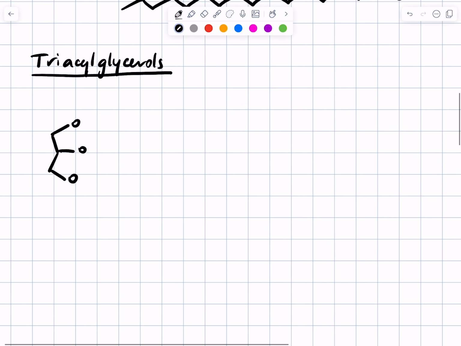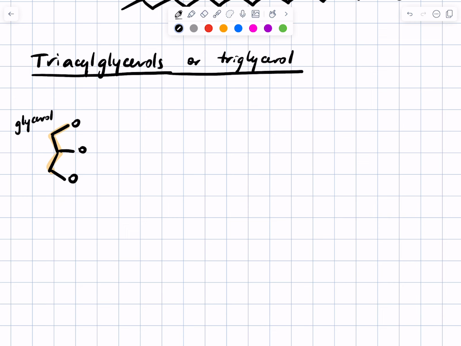A triacylglycerol has this 3-carbon trialcohol portion, the glycerol portion, and then the triacyl portion comes from the 3 carboxylic acids that will be attached as esters to each of the oxygens of glycerol.